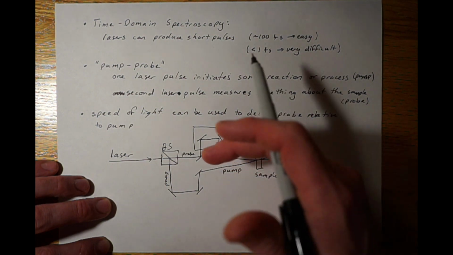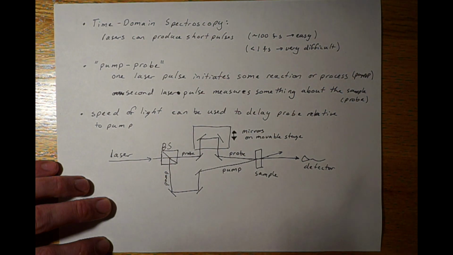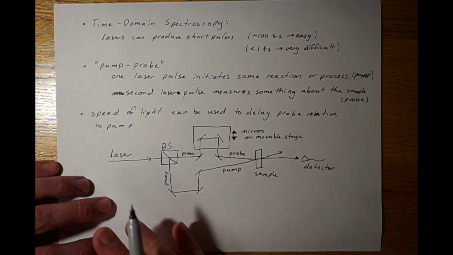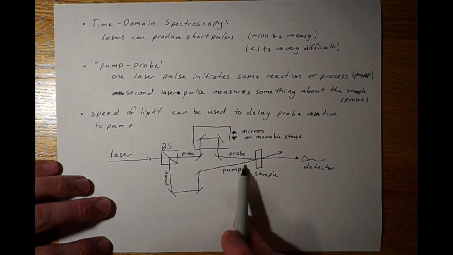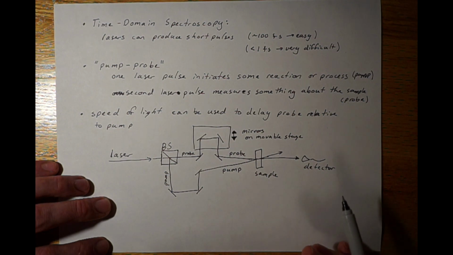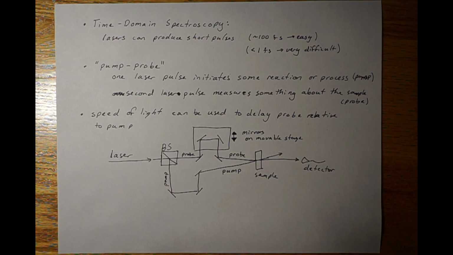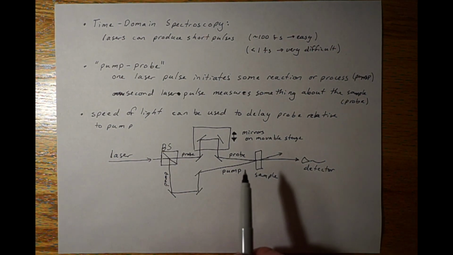At a variety of different time delays, which correspond to a variety of different mirror positions. And so we can record those spectra at 0 femtoseconds after the pump pulse, 100 femtoseconds after the pump pulse, a picosecond after the pump pulse, a nanosecond after the pump pulse, and sort of really track this chemical reaction in real time.